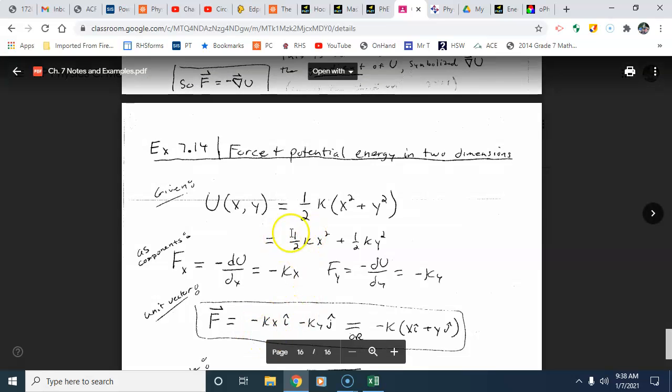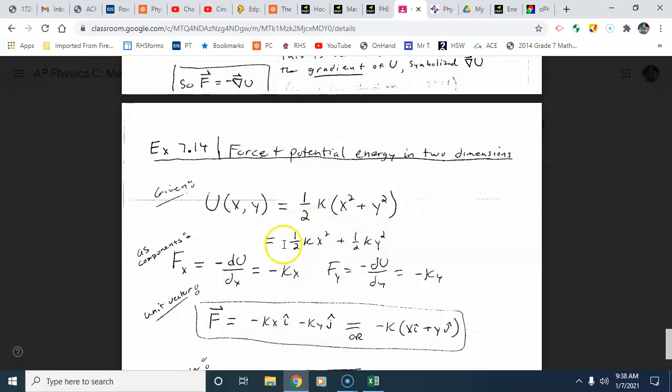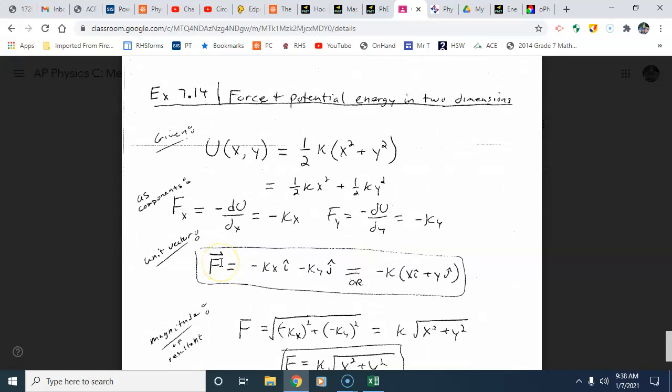So first, if I take this whole thing, this whole function right here, and take its negative derivative with respect to the x-axis, or the x-coordinates, this term has no x's, right? Correct? Therefore, in the eyes of taking the derivative with respect to x only, this would be a constant, wouldn't it?